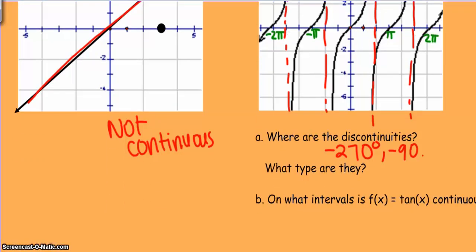So we've got two more. We've got an asymptote, where we can only get close to the point, but we can never cross it. We've got another one at 90, and then lastly, we have another one at 270 degrees. All right, what type of discontinuities are these? Well, we have asymptotes, so that means they're infinite.